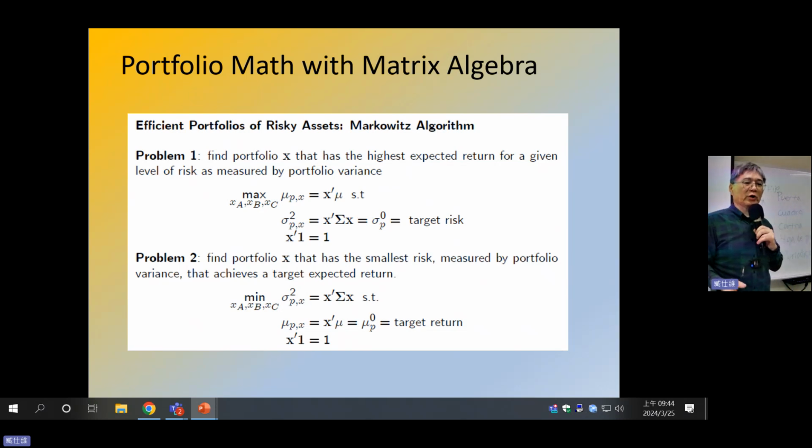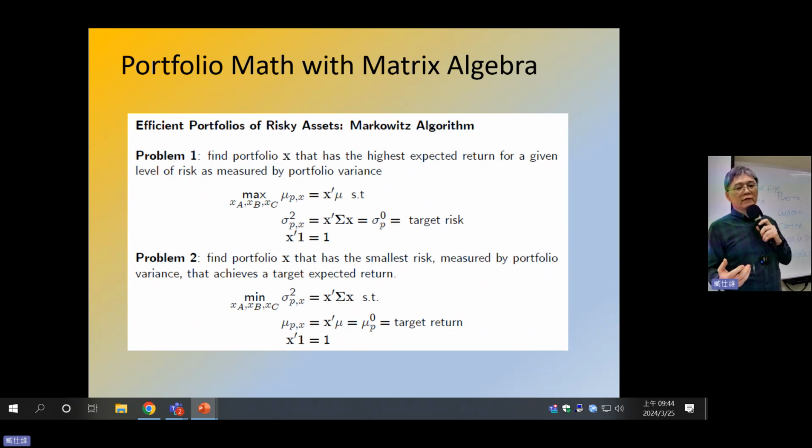For example, here we are talking about the Markowitz efficient portfolio. You can see we have problem 1 and problem 2. Basically, they're the same. What we are looking for is the efficient portfolio that has the minimum variance, or minimum risk, for a given rate of return.